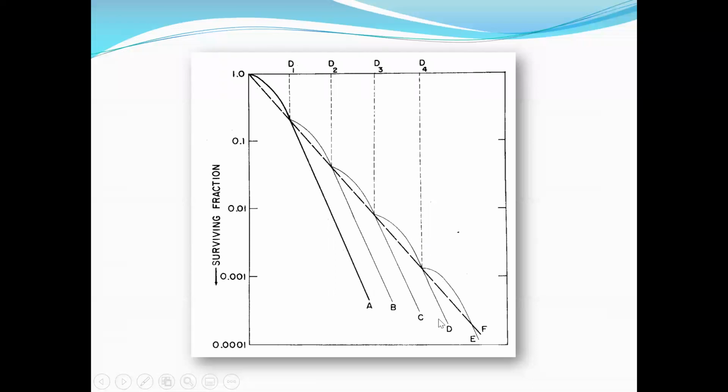So the more fractionation, the more shoulders for repair, and the net effective survival curve is a straight line. The higher the fractionation, the more this straight line shifts to the right. Understood?